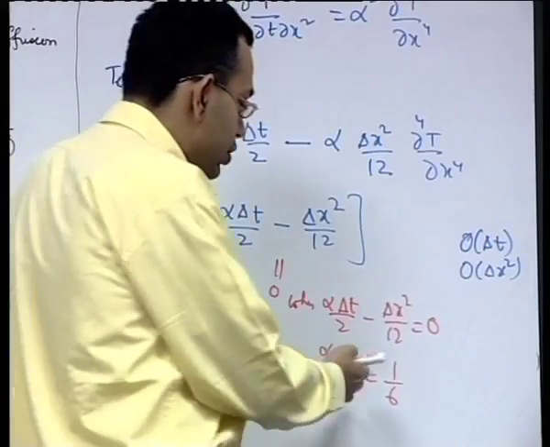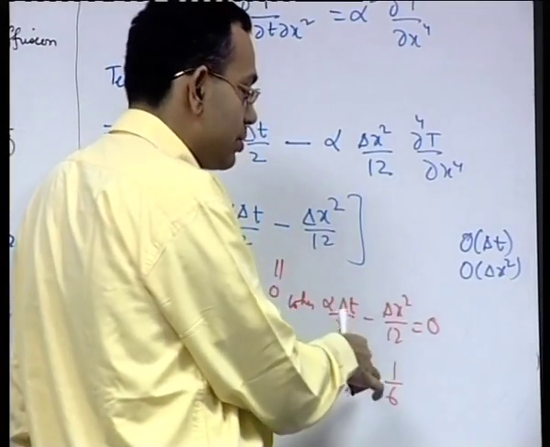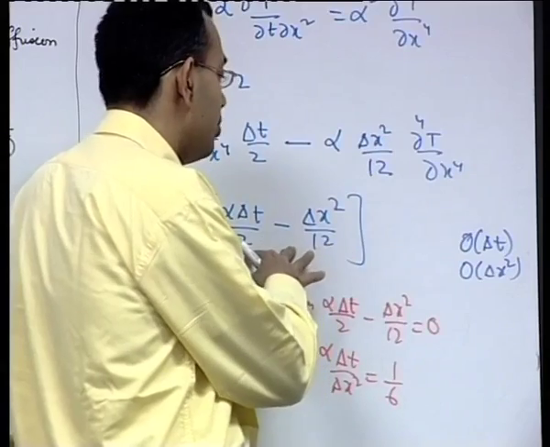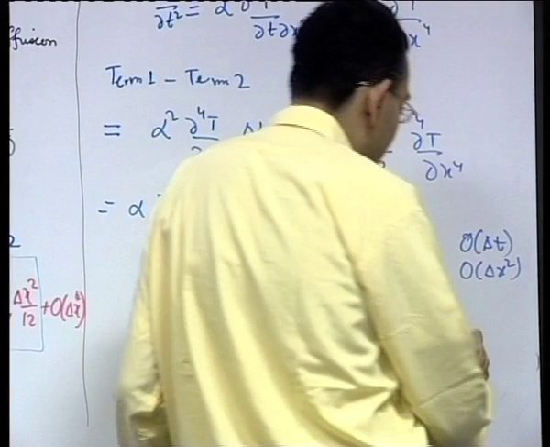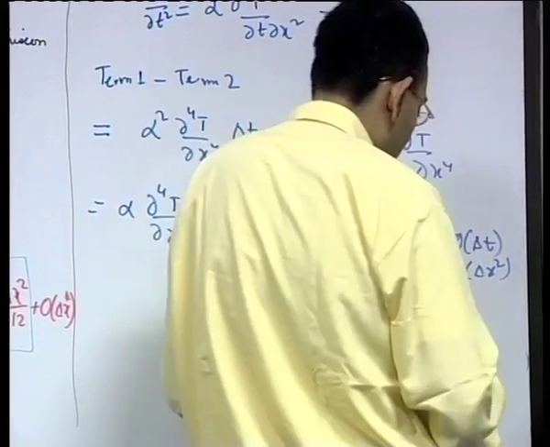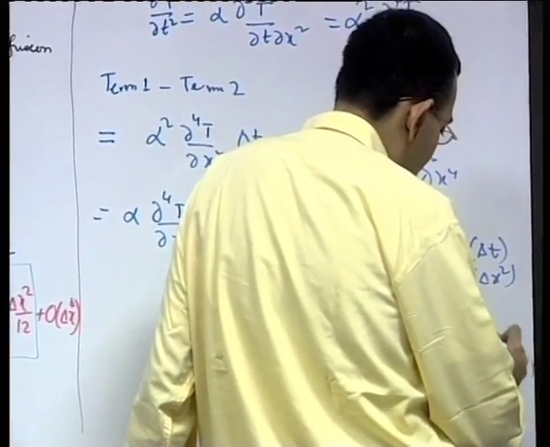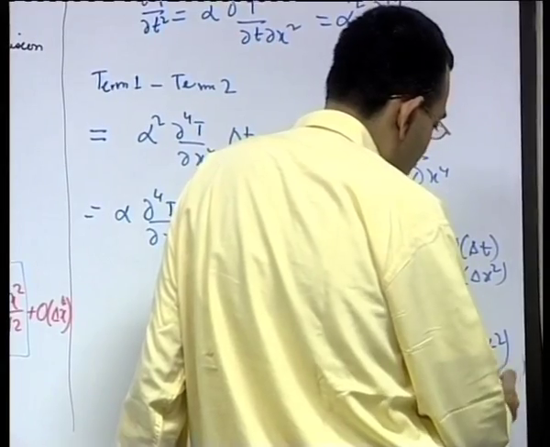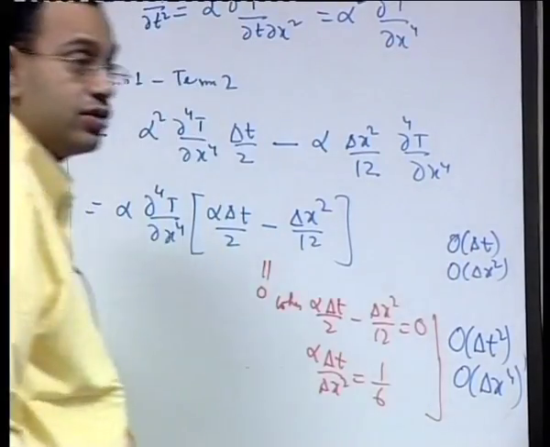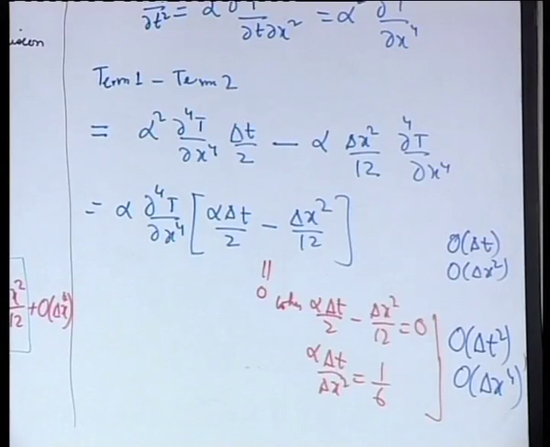So, one can make a choice of alpha delta t by delta x square equal to 1 by 6, then this term will become 0 and it will be of the order of delta t square with respect to time and of the order of delta x 4 with respect to space. Okay. So, this is about the temporal and spatial accuracy of the method.